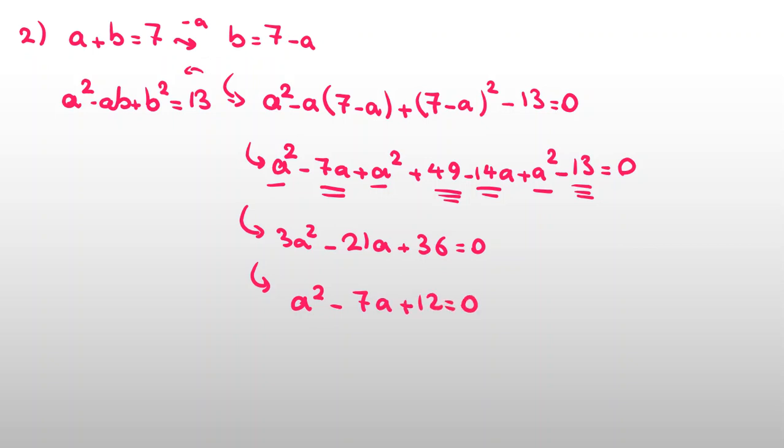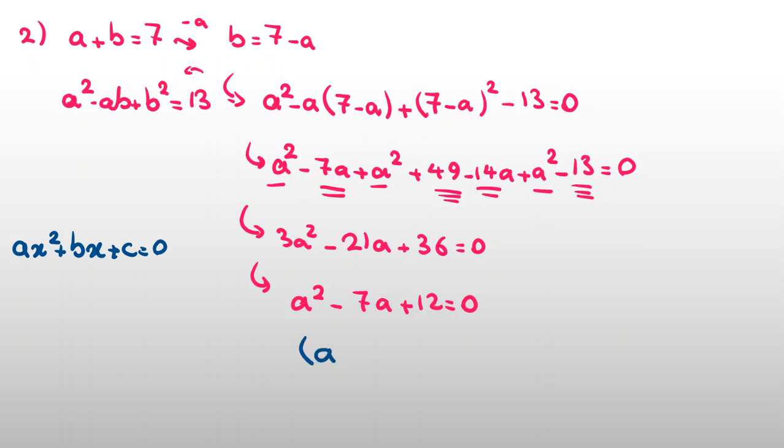Let's see, can we try 6 times 2? No. Okay. So if I want to solve it, I use the quadratic formula, if we have ax squared plus bx plus c equal to 0. Let me see, negative 6, negative 1, 12, 3, 4.